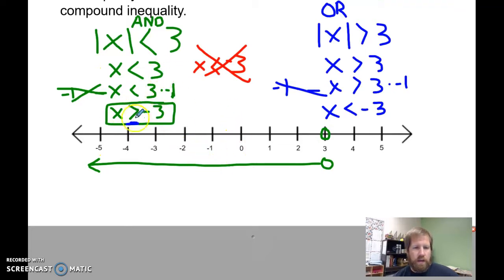My next one: x is greater than negative 3, so I draw my circle, and then it's greater than, so it's going to go to the right.